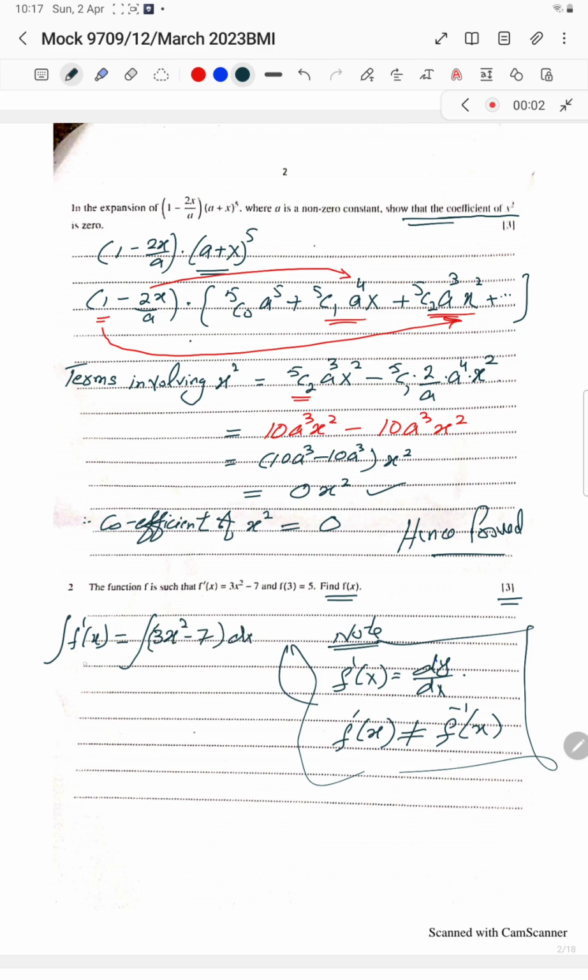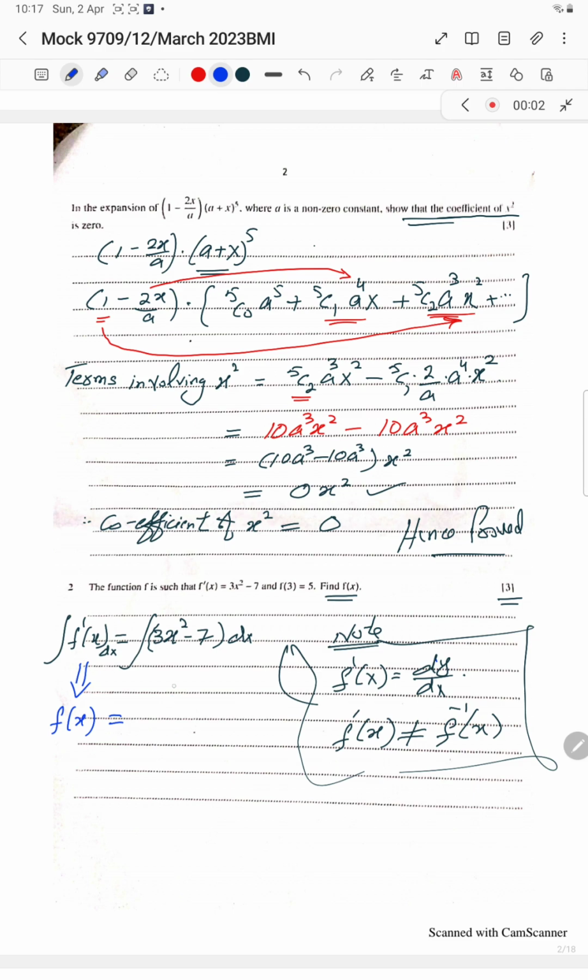So integrating f prime with respect to x will give you the answer in the form of f of x, as the derivative will be finished.